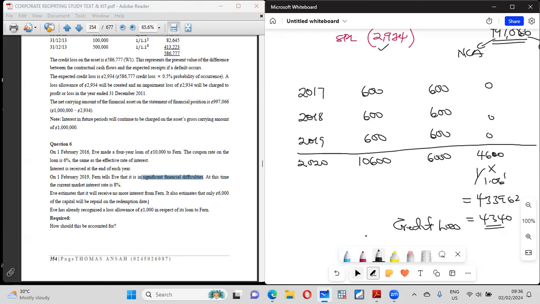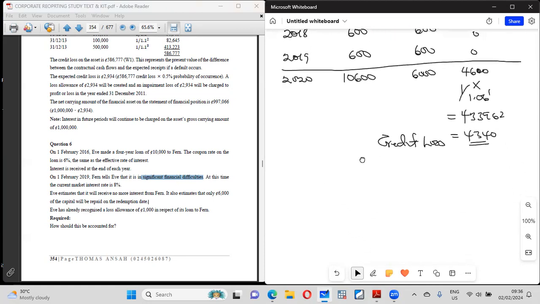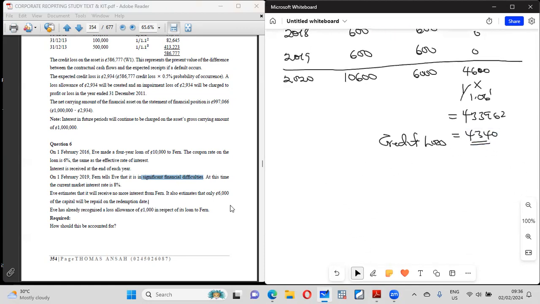So what is going to happen now is that this is the entire credit loss that should have been recognized in the P&L, but they recorded only what? 1,000. So less the one recorded, 1,000.